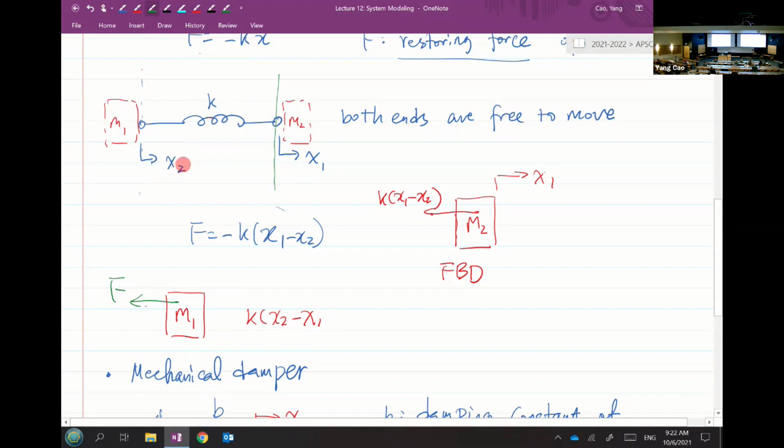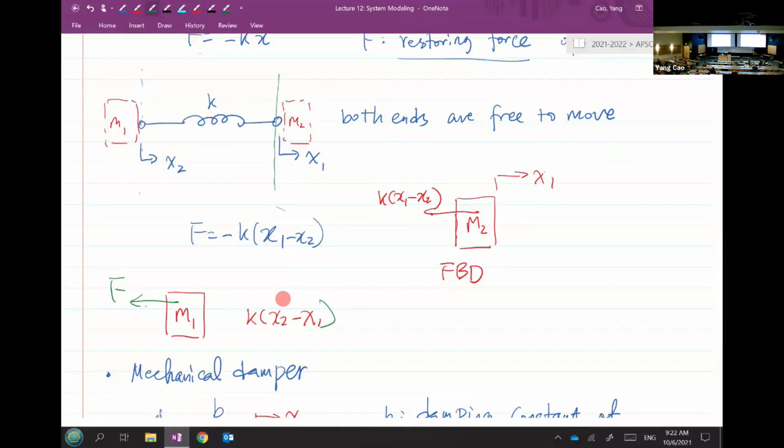However, you certainly can argue, could the force actually point this way? Yes, it can. So only when what? When X2 is actually less than X1, right? In your calculation, when X2 is less than X1, then the actual direction of the force is pointing this way. But whatever we draw here is all about the reference.